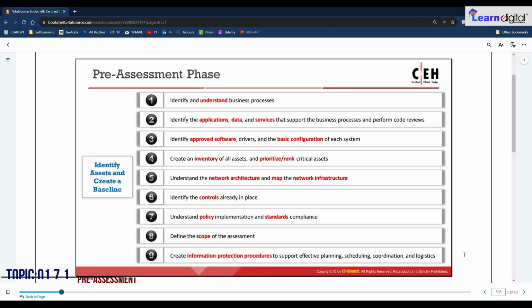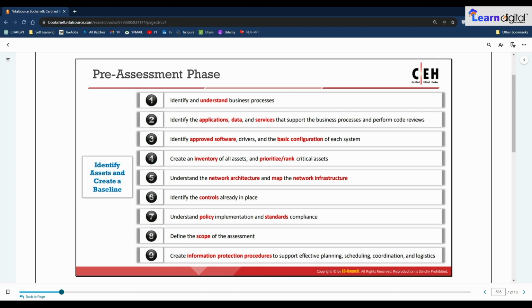First, let's talk about the pre-assessment phase. In this phase, you need to identify and understand business processes. You need to identify the application and data services that support the business process. Then you need to identify the approved software, drivers, and basic configurations. Then we can create an inventory of all assets and prioritize and rank critical assets.